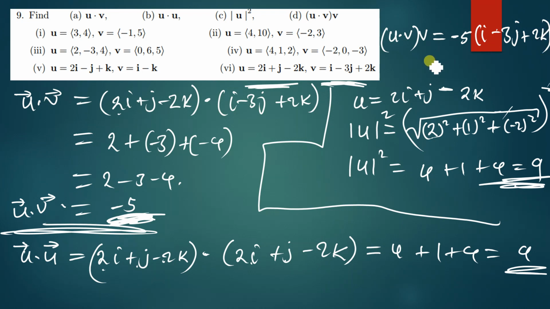So you have the resulting vector as negative 5i plus 15j minus 10k. This is what you have as the solution.